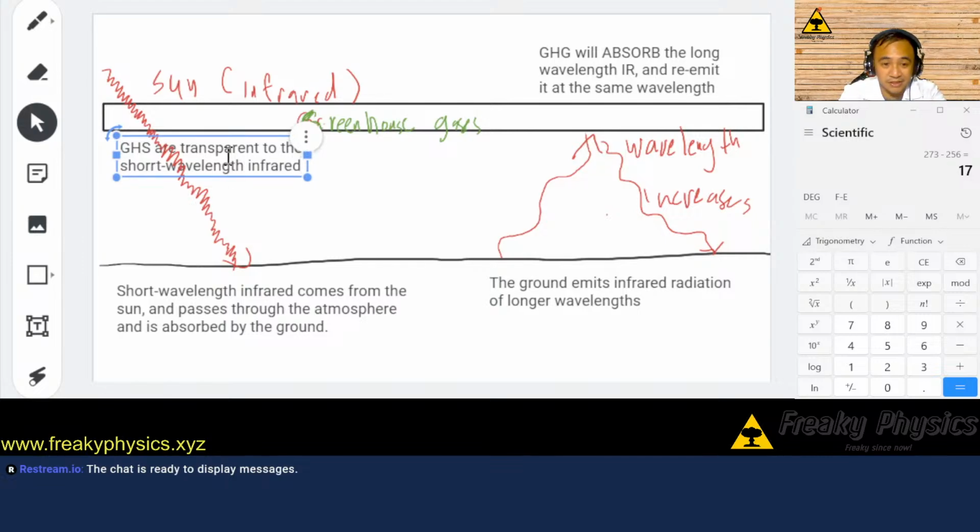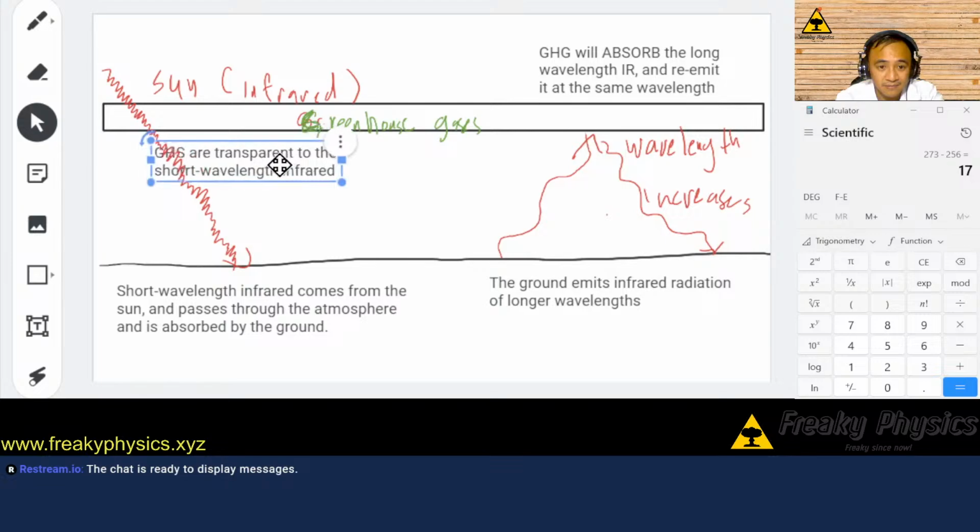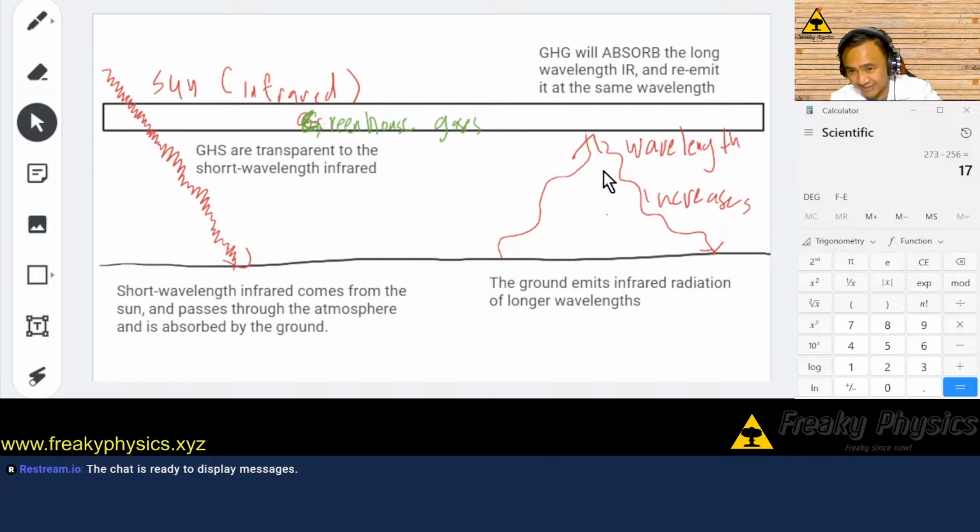So what happens? They just pass through. And this effect is what causes the Earth to get warmer than -17 degrees Celsius. So without greenhouse gases, we would freeze. Life wouldn't exist.